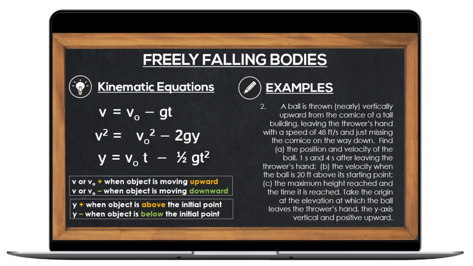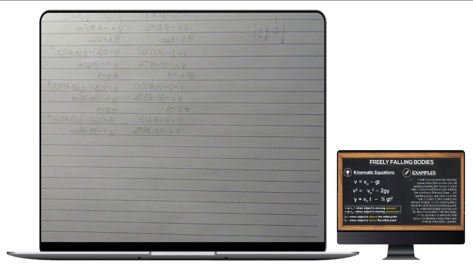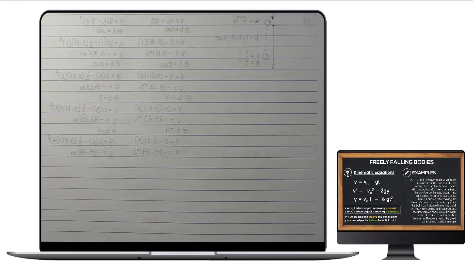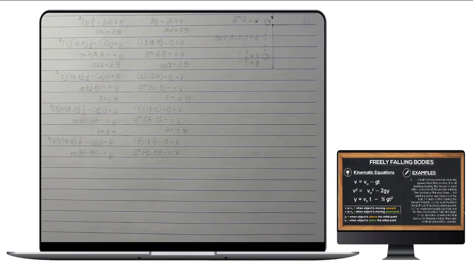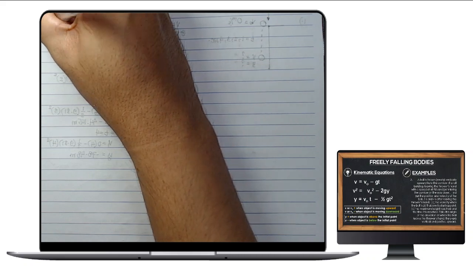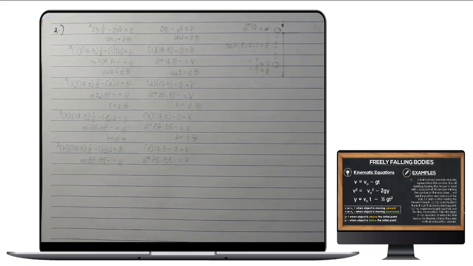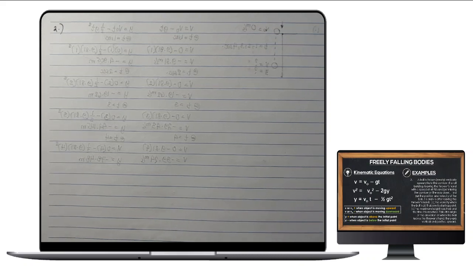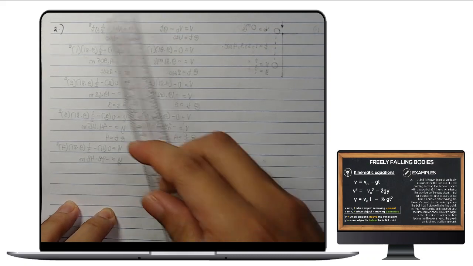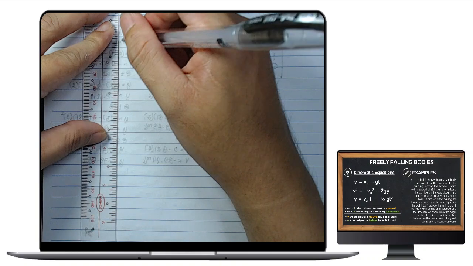So again, let's draw this figure for problem number 2. So we'll draw the figure again.